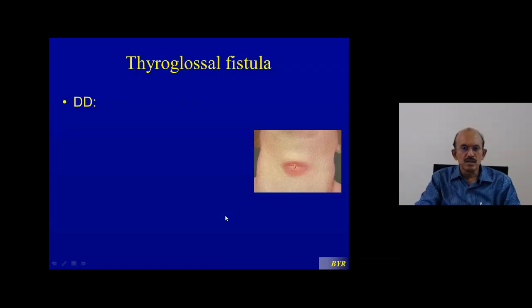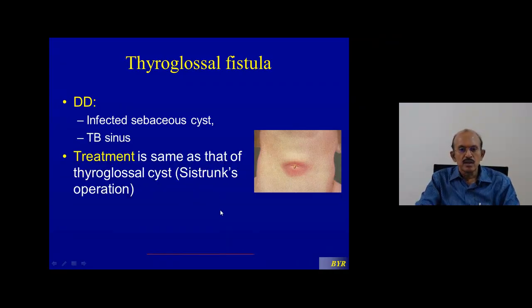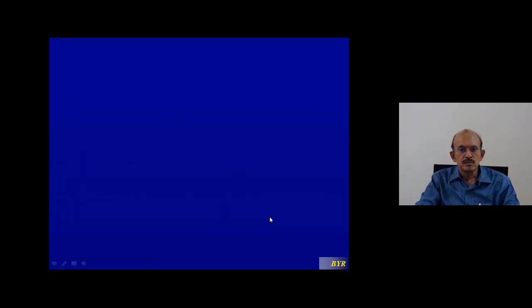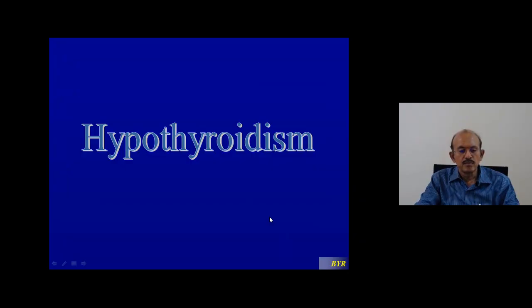Differential diagnosis: you must differentiate from infected sebaceous cyst and tuberculous sinus. Treatment is the same as that of the thyroglossal cyst. Okay, this is about thyroid anatomy, physiology, development, and congenital anomalies.